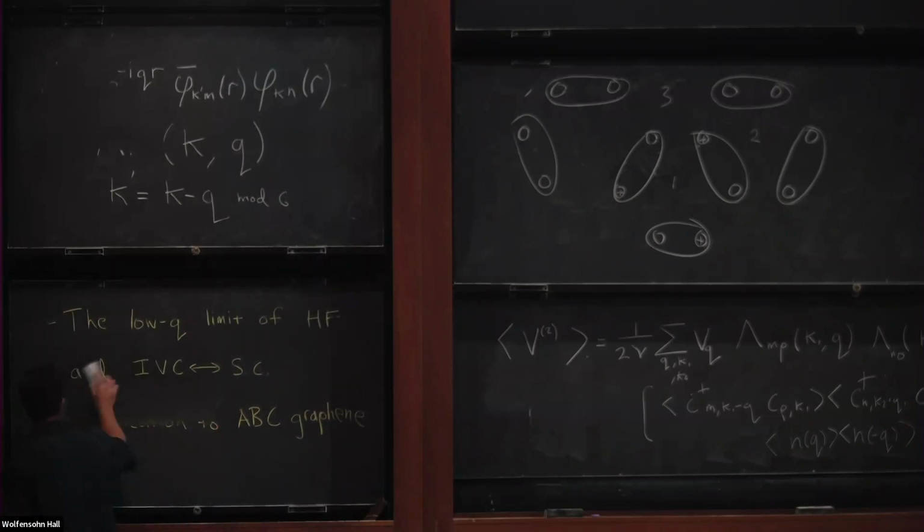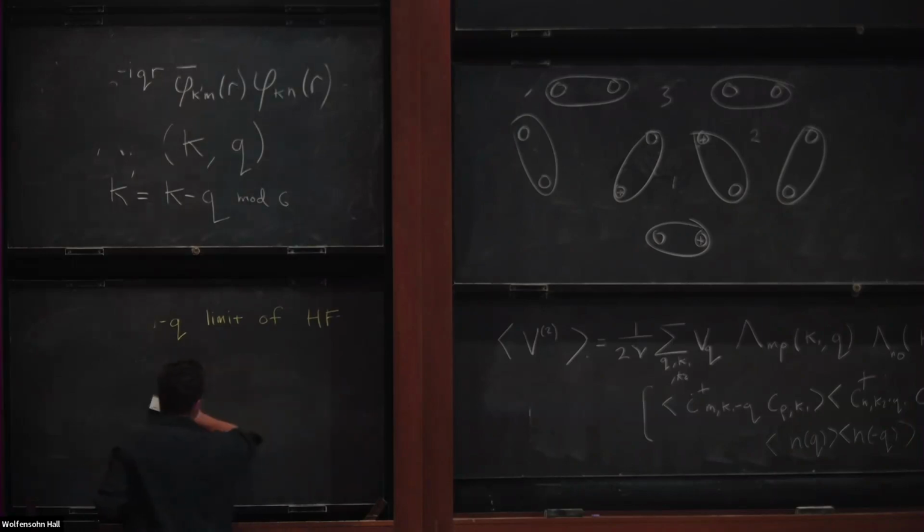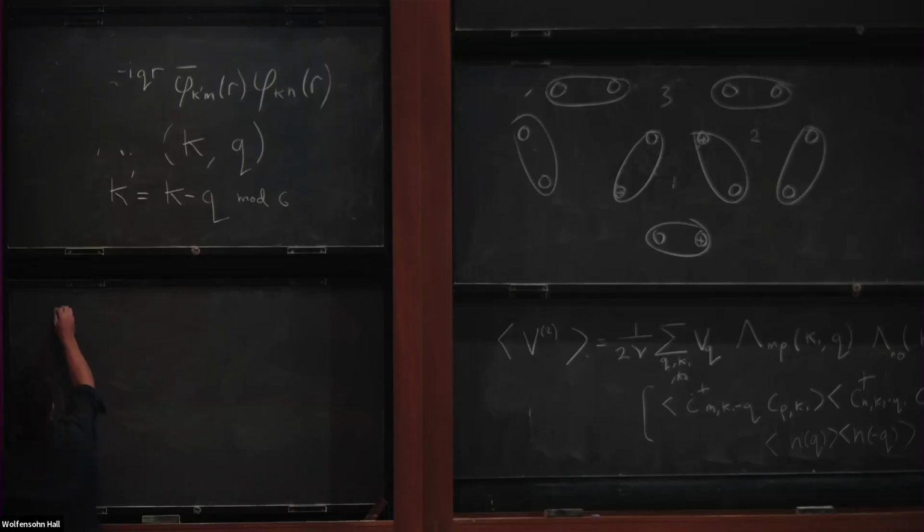So how does the form factor relate to band geometry? Well, the limit that I'm going to focus on is q goes to 0, because we'll soon see that it's dominated by this part of it.